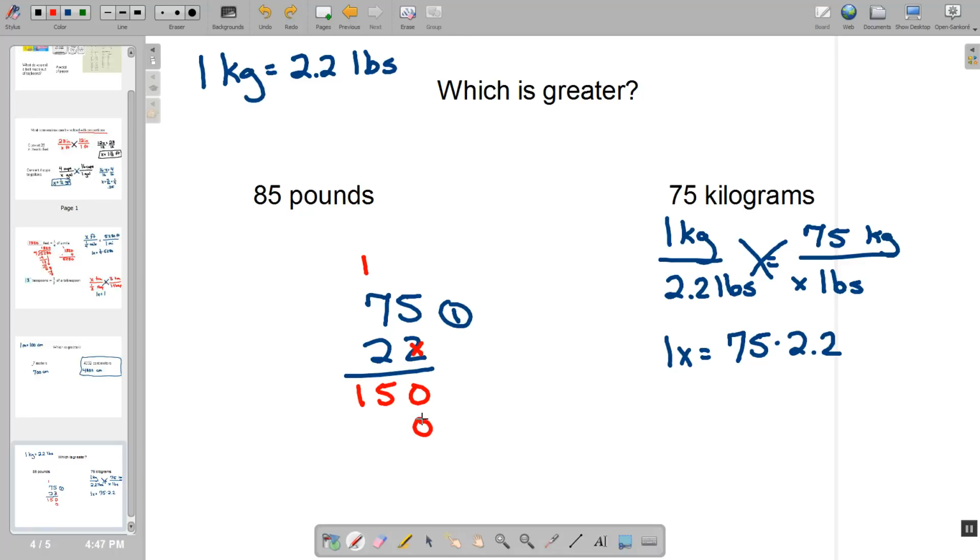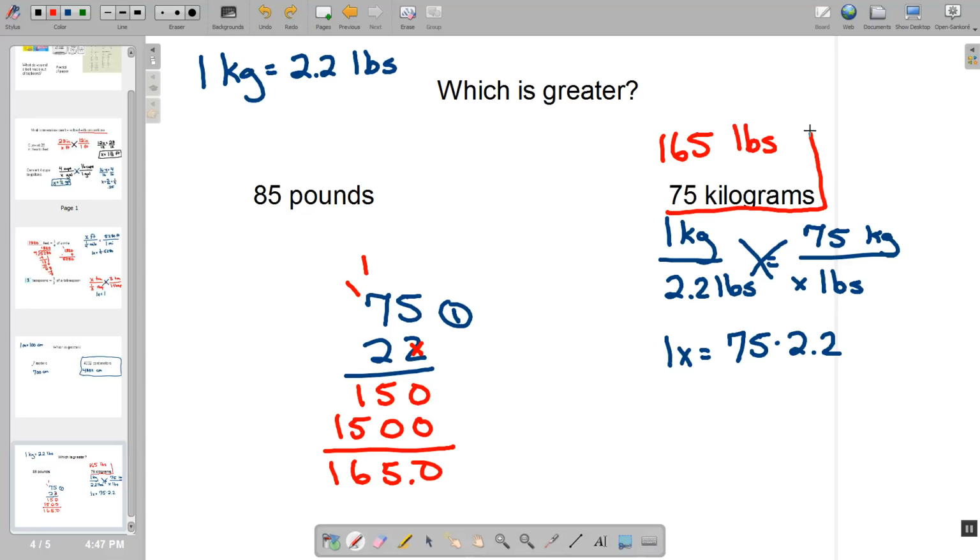Done with the 2. 2 times 5 is 10 again. 2 times 7, 14 plus 1 is 15 again. 1 digit behind the decimal point puts my decimal there, which means 75 kilograms is equivalent to 165 pounds. Therefore, this is bigger than 85 pounds.